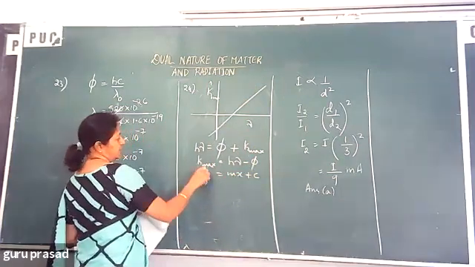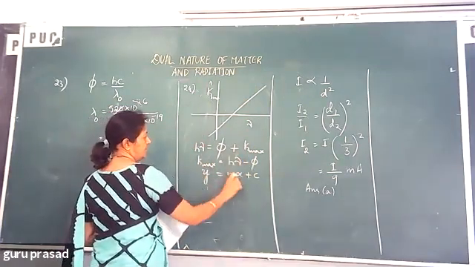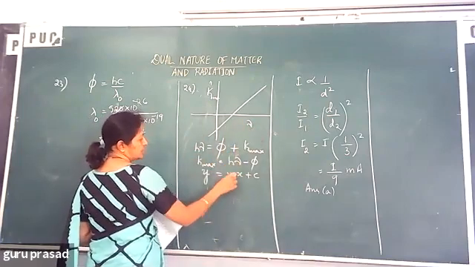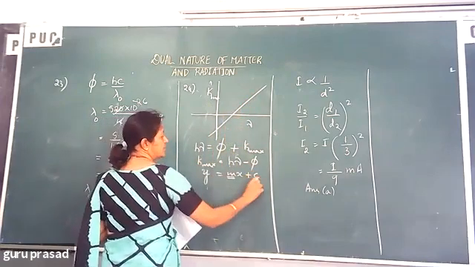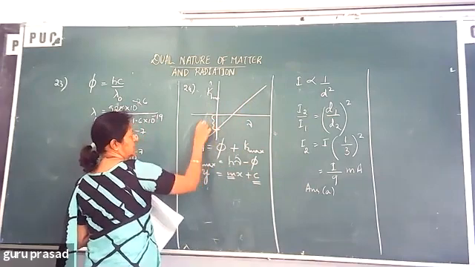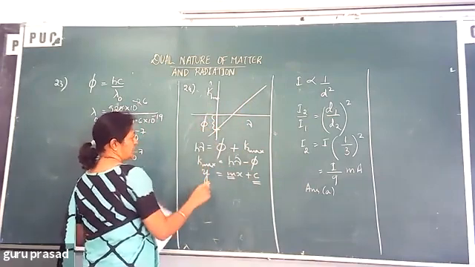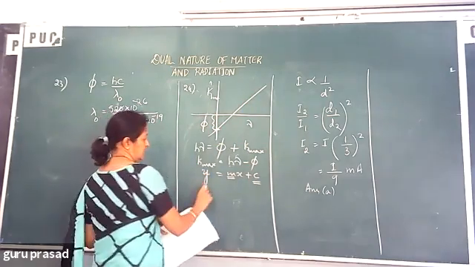On the y-axis you have maximum kinetic energy and on the x-axis you have frequency. So the slope is nothing but Planck's constant. So naturally this negative intercept must be the work function. So the option is C, answer C.